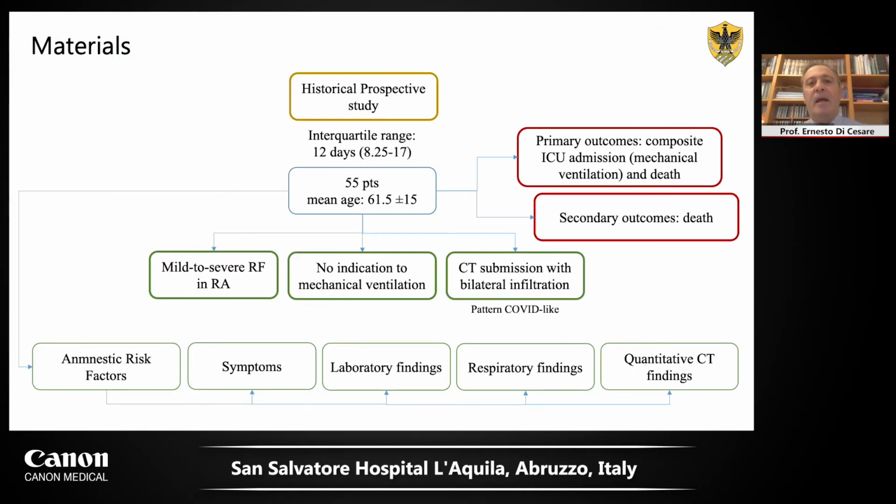Our historical prospective study was composed of 55 patients, mean age was 72, 12 days as interquartile range, and the patients presented mild to severe respiratory failure in room air, no indication to mechanical ventilation, and CT submission with bilateral infiltration with a typical COVID-like pattern.